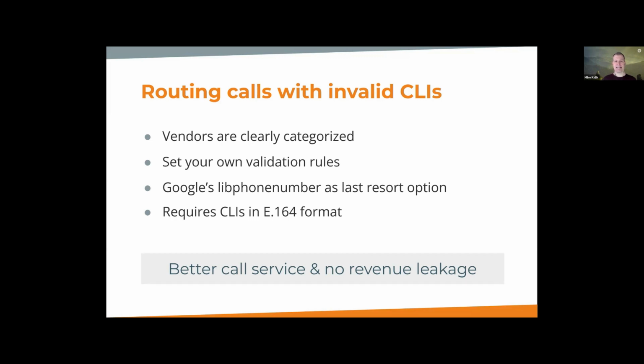As I said, traditionally, CLIs were kind of neglected, and I know for a fact that on many installations of our customers, there would be CLIs in all kinds of different formats. You know, in a local format, in E164, with plus, without plus, and so on.